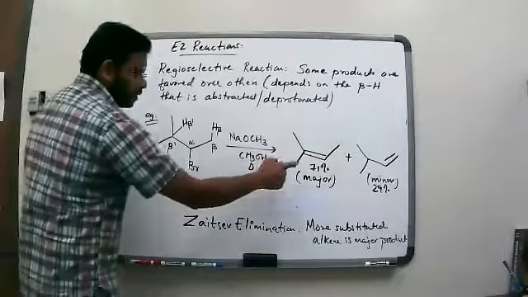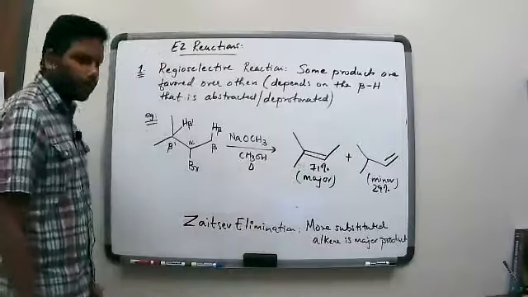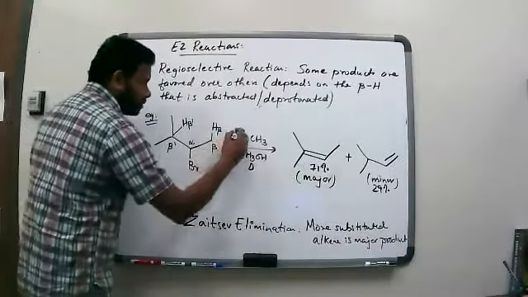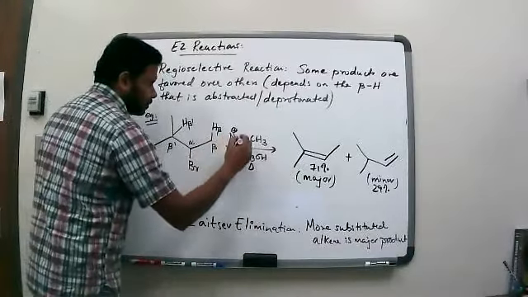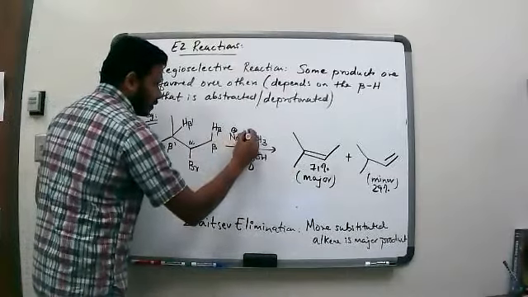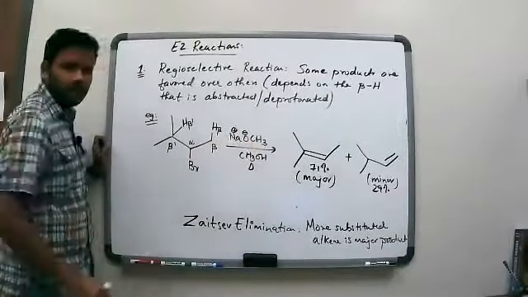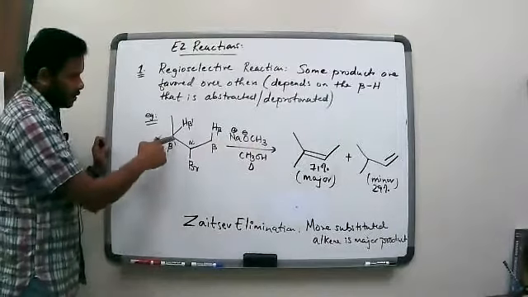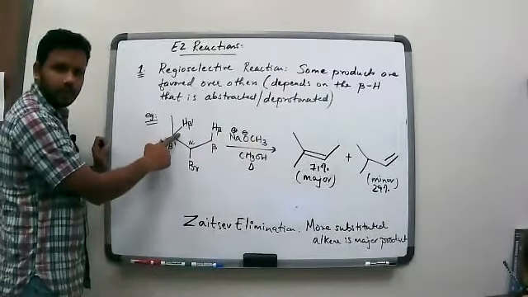So how do I get this major product, the more substituted alkene? The way that happens is the base deprotonates H beta prime.